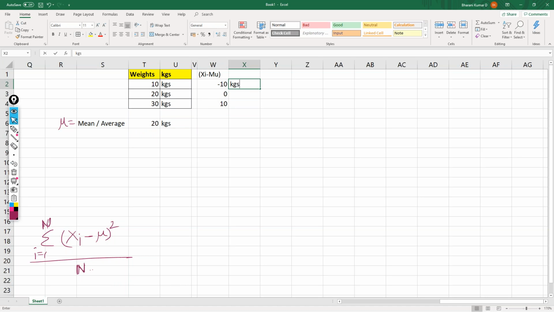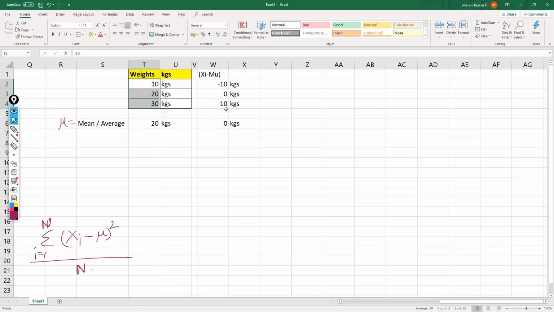And these are all in kgs. If you just do xi minus mu, each value, how far is it from average? And when you add them up, what would you get? You'll get 0 kgs. Does that mean there is no variation among the weights? No, weights are varying.